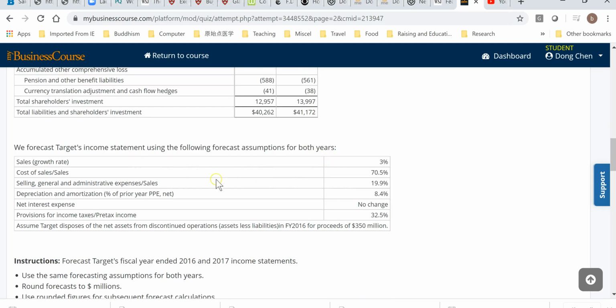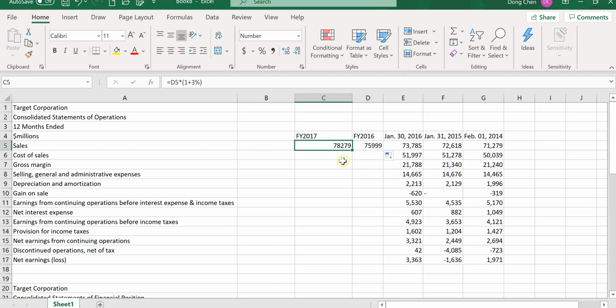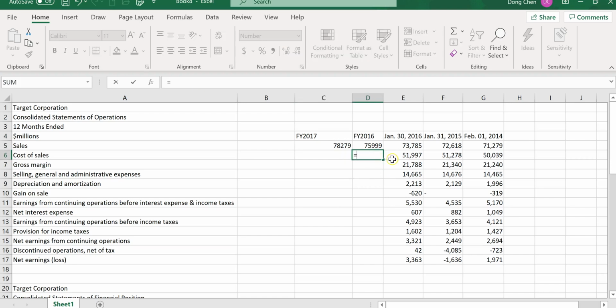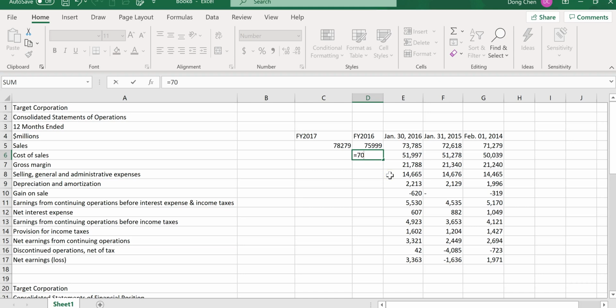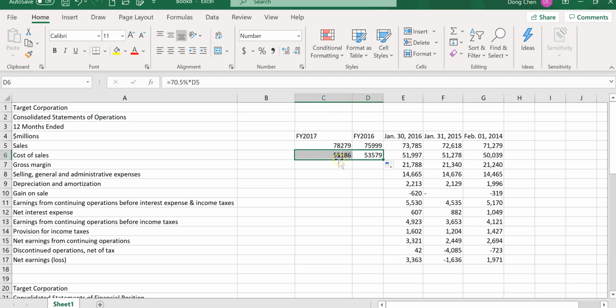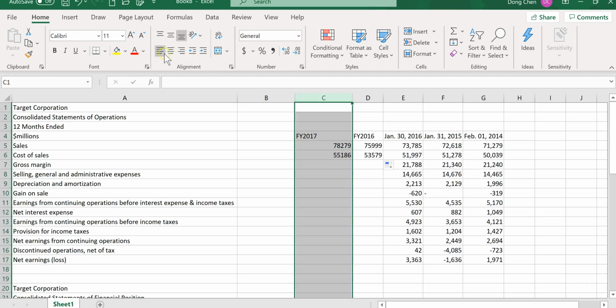And then the next item is the cost of sales. Cost of sales will be 70.5% of sales, right? So that's the cost of sales, and then applying that same approach to the other year.